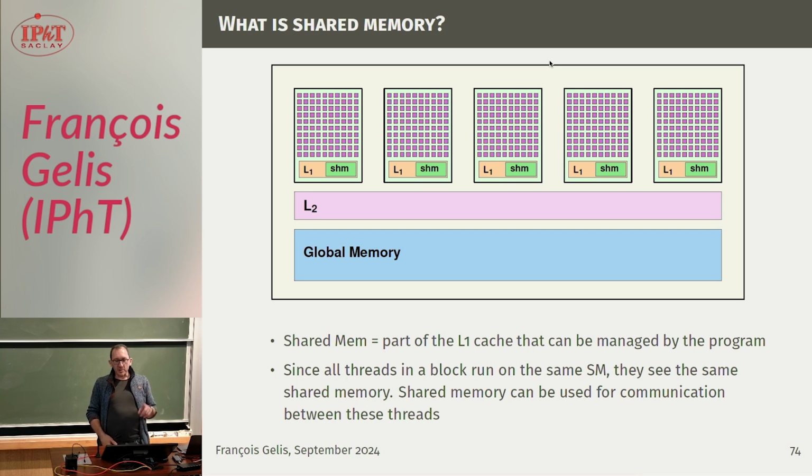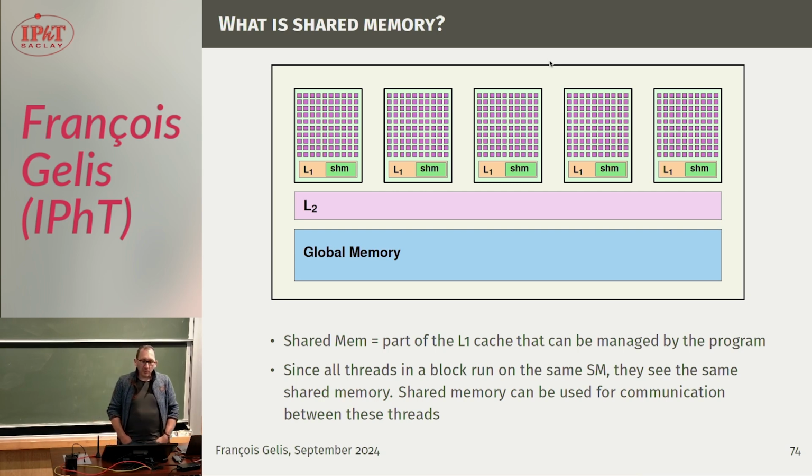The problem of the transpose is that on one side of the equation, you're reading the memory following the rows, and on the other side, you're following the columns. So no matter which layout of the matrix you choose in memory, one side of the equation will have big jumps when you read or write, and this is not good because the bandwidth when you do big jumps is very, very much deteriorated.